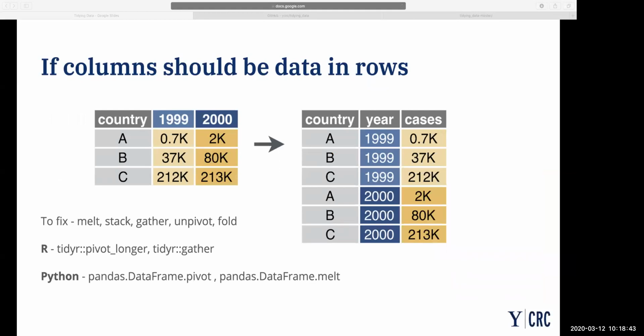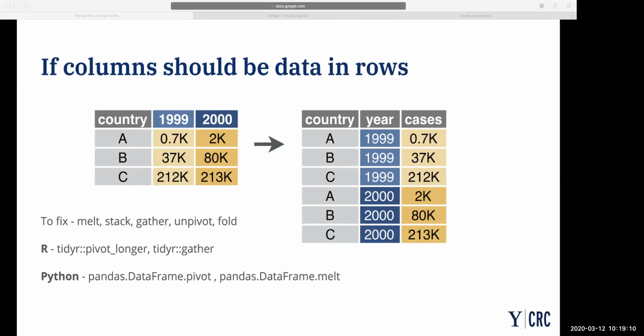Another way in which you can tidy messy data is when columns should be data in rows. Two of the examples today are actually this, because it's one of the more common things that happen when people take data that could be tidy and put it into a matrix or a pivot sort of table.